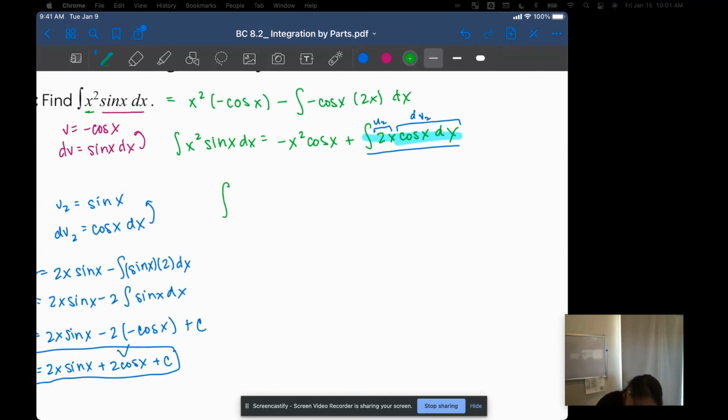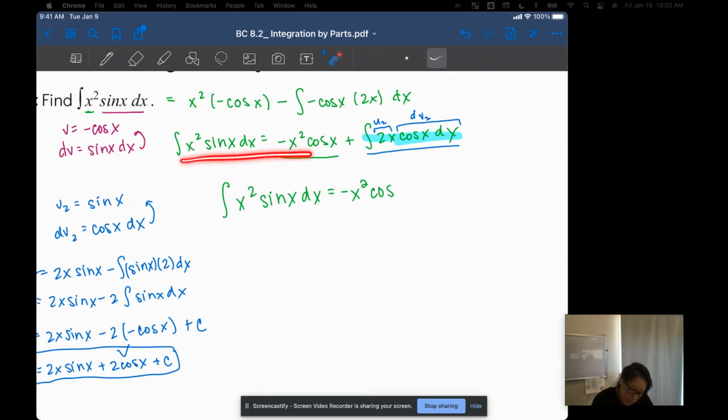The integral of x squared sine x dx is equal to negative x squared cosine of x.